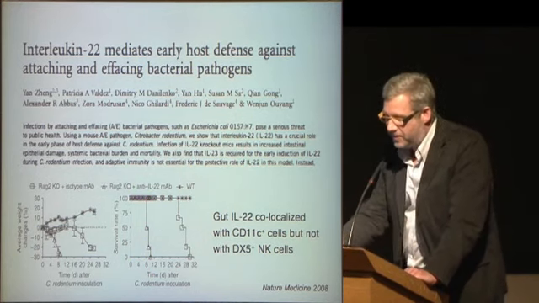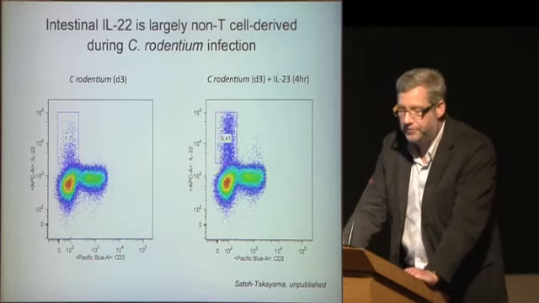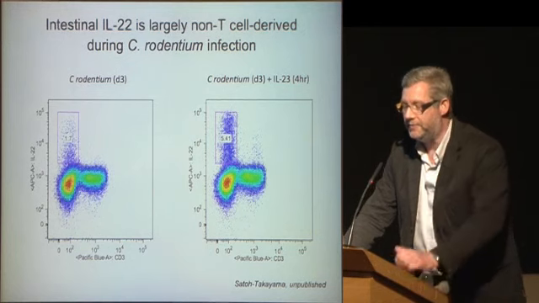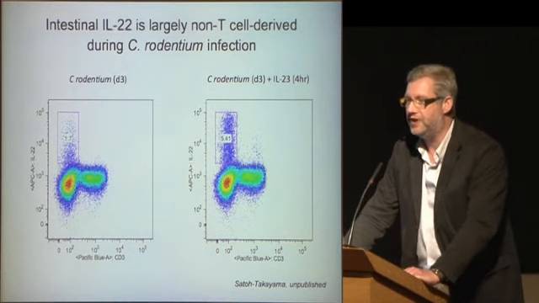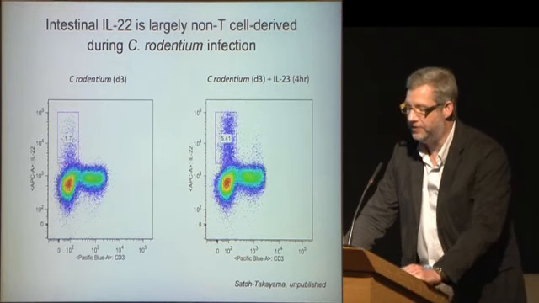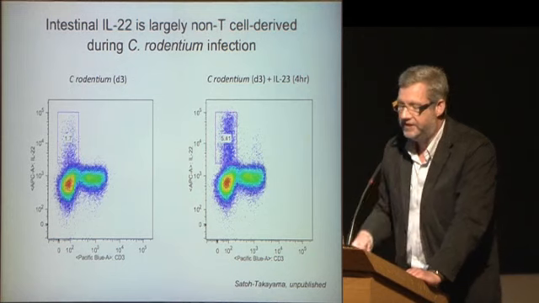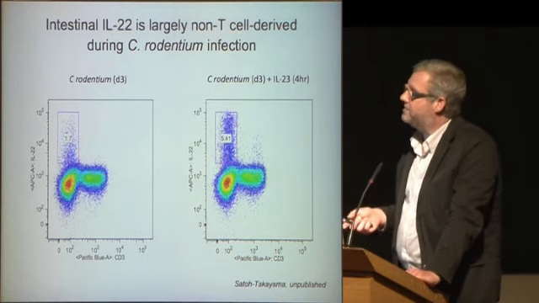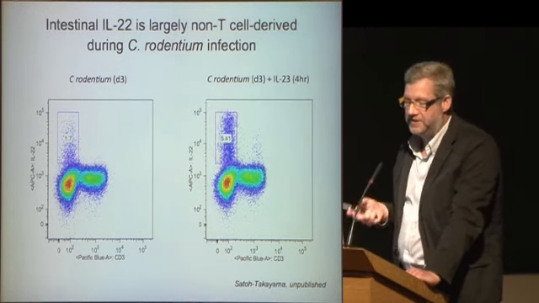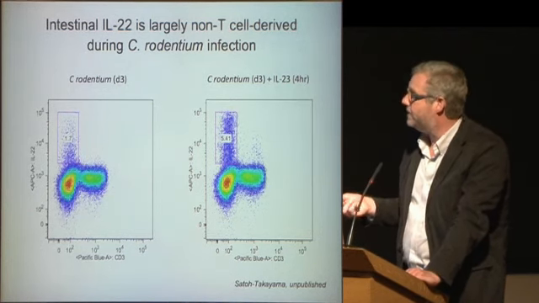So we've been using this model and trying to look at what cells are producing IL-22, and while there may be some modulation of IL-22 production depending on colonization, and we heard from Gerard about how this might be regulated through IL-25, it's clear that the IL-22 that's being produced in the context of this particular infection is largely restricted to these innate lymphoid cells.